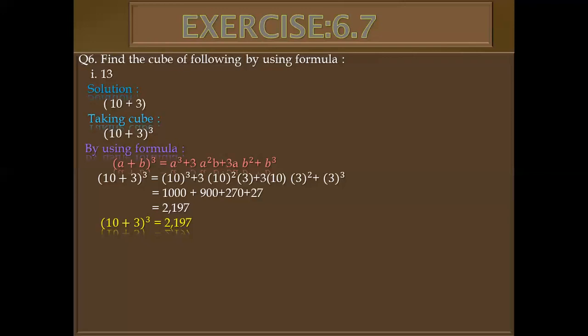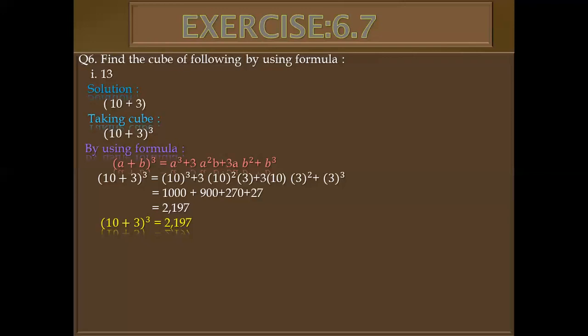When we take the cube of 10, it is 1000, plus 3 into 10 square. In this term, first we take the square of 10, then multiply it with 9, because 3 threes are 9. When you multiply 9 and 10 square, what will be the answer? 900. Come to the next term. In this term, the square is on 3.